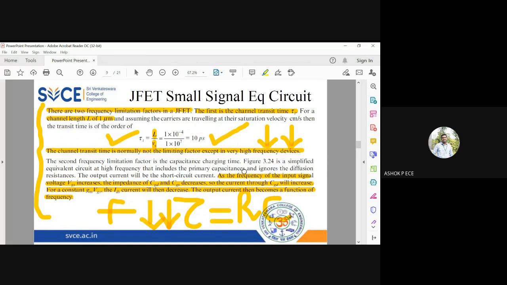If you read the basics, the understanding is going to be the same. The only thing is that the equivalent circuit is somewhat simplified for MOSFET when you compare it to JFET. In JFET, you had a lot of resistances and capacitances, but in MOSFET those are all completely ignored because of the construction of your MOSFET.